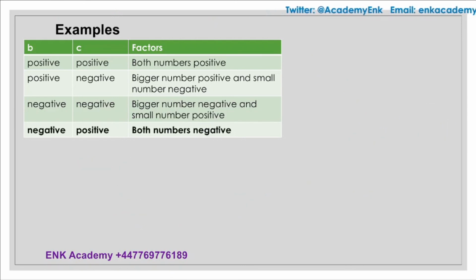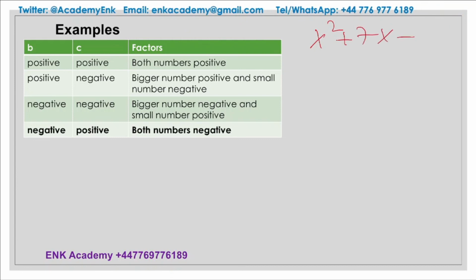For the last case, if we take our previous example, now let's make b negative. We have x squared minus 7x plus 10. Both numbers should be negative, and therefore the product here will be minus 5 times minus 2, and also minus 10 times minus 1.